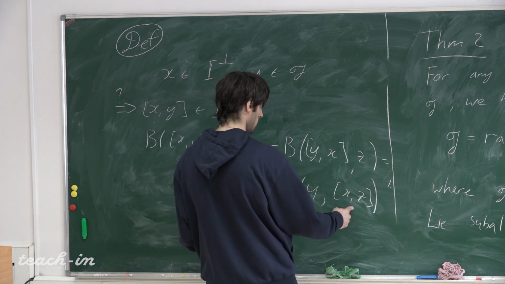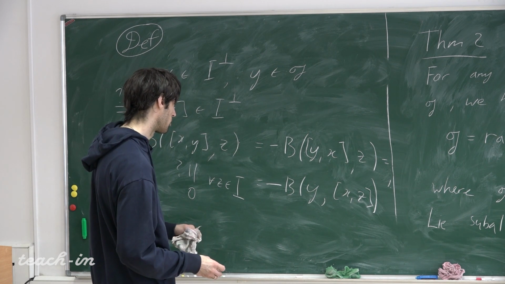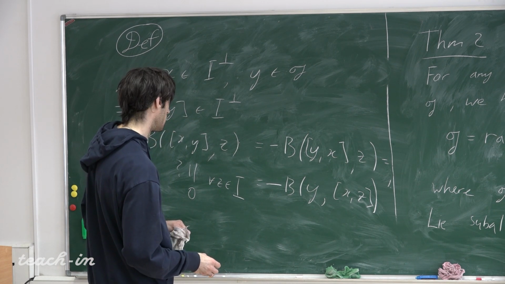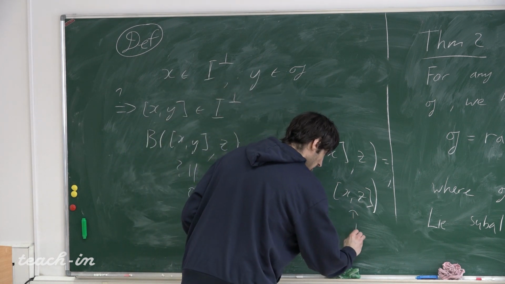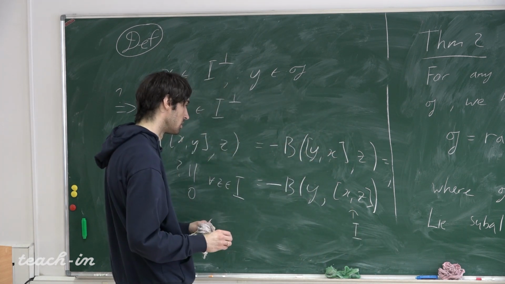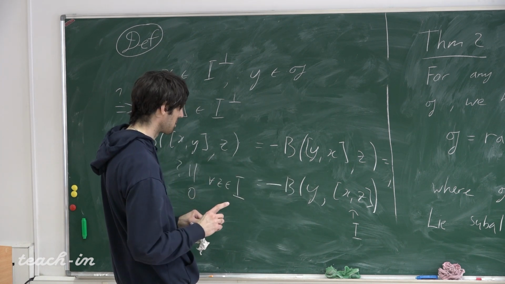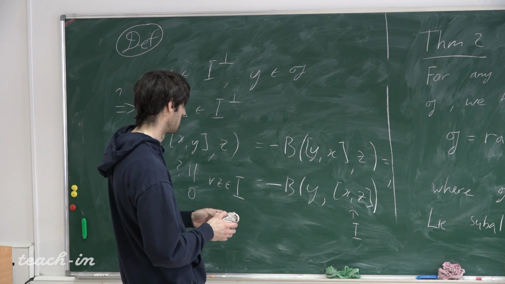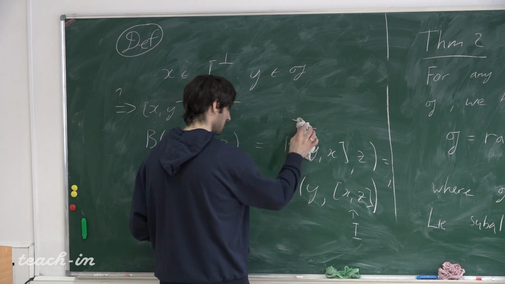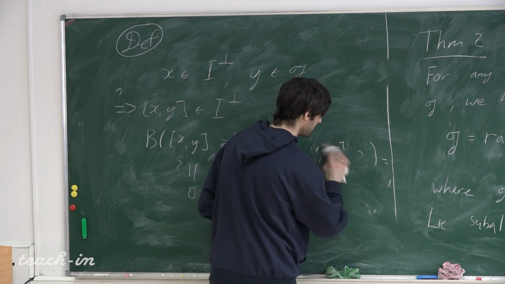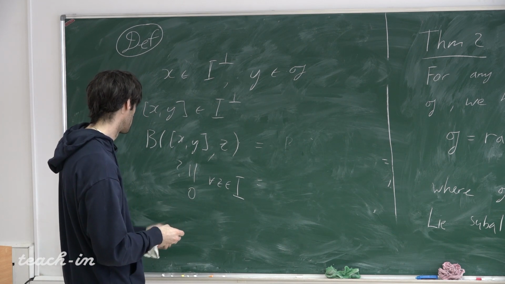So therefore, this thing is from I, right? Because I is an ideal. Maybe I interchanged that again. Maybe that was not a good decision. Sorry. Okay, let's try again. I don't even need this. So I need that Z is from I, right?